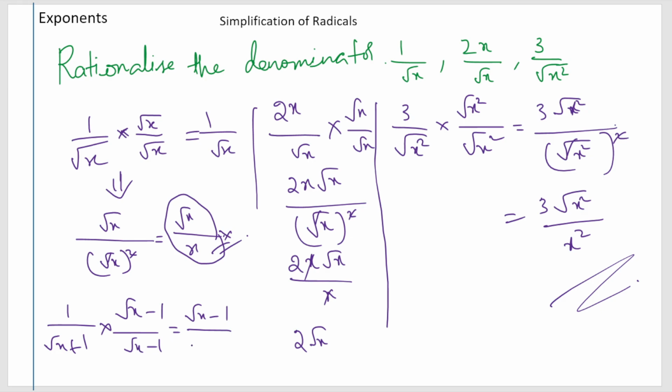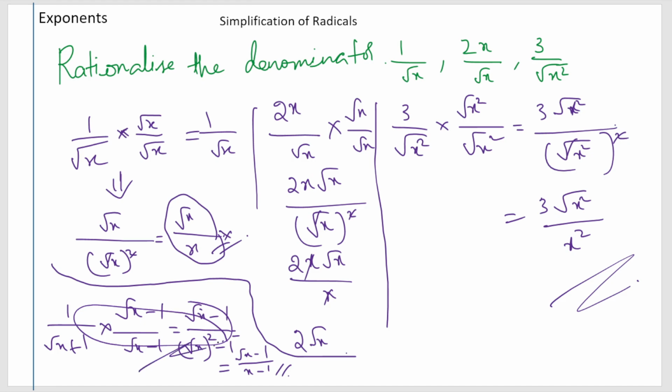It gives root x whole square minus 1. So it will give the answer root x minus 1 by x minus 1. That's how we remove the radical in the denominator. This is also called rationalization. We will get this in future topics. Okay, thank you. Thanks for now.